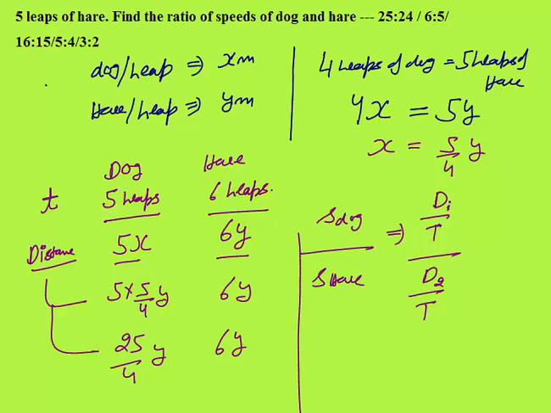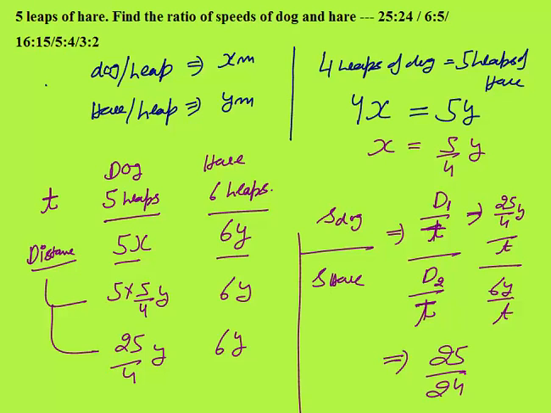D1, the distance covered by the dog, is 25 by 4 y, time is t. For the hare, 6y, time is t. So we get 25 is to 24. y and y will get canceled.